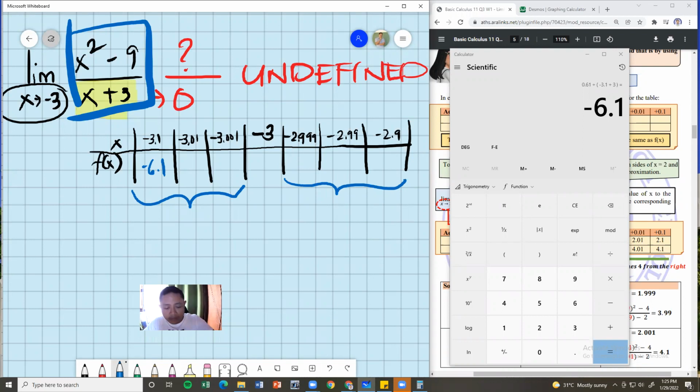.01 na ako. So this is negative 6.01. And this is negative 6.001. And then on the other side, 2.99.